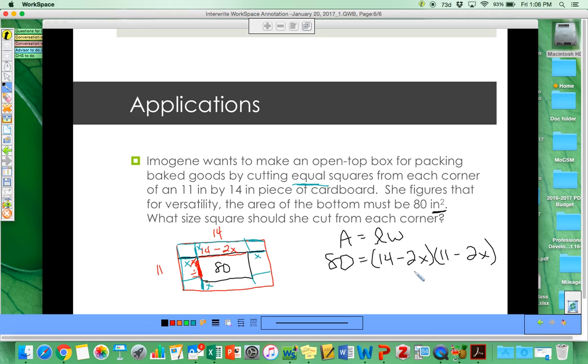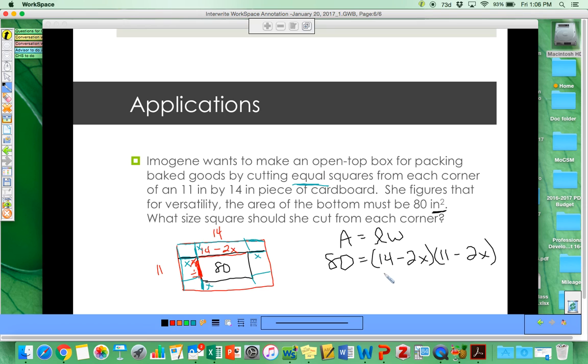This is similar to a problem we solved in the last video where you're going to have to FOIL this. And then once you FOIL it, you want to subtract the 80 over so that you can set it equal to 0 and solve. The solving part we did last time, so I'm going to let you mess with solving.